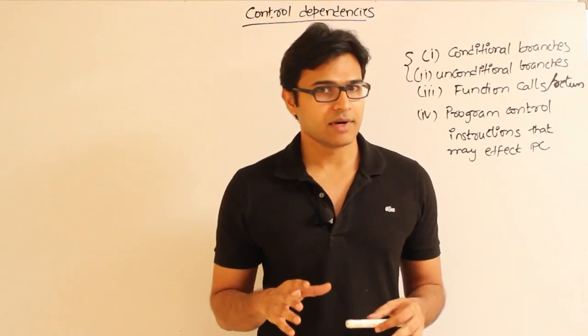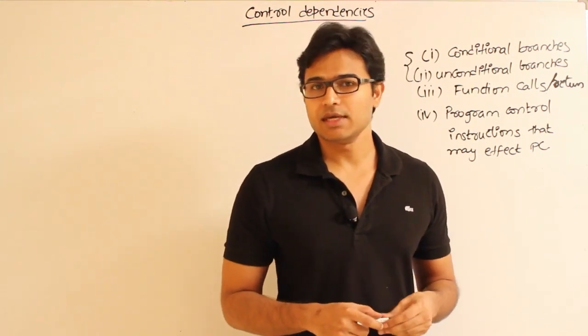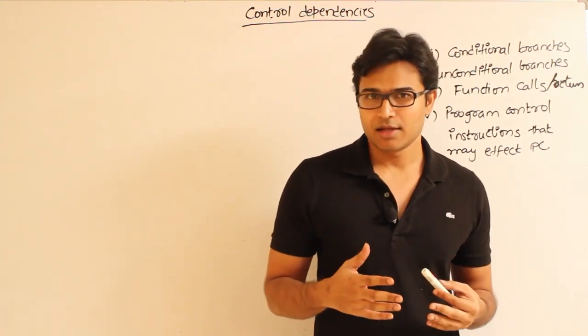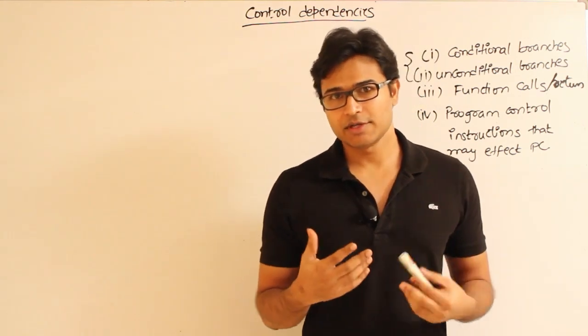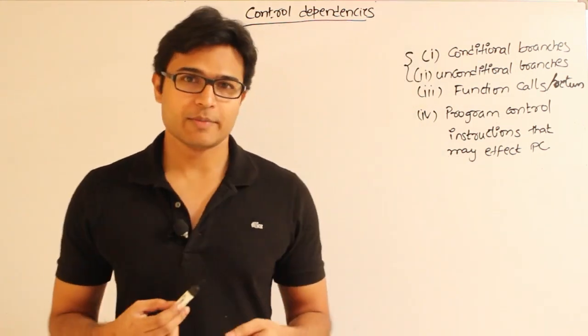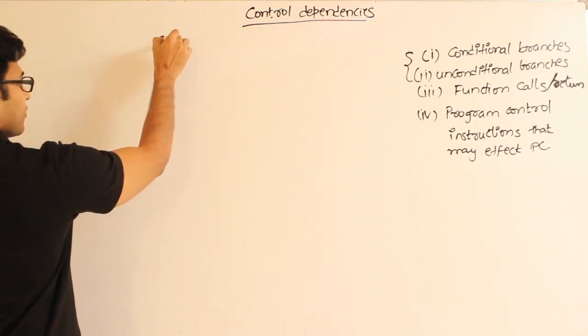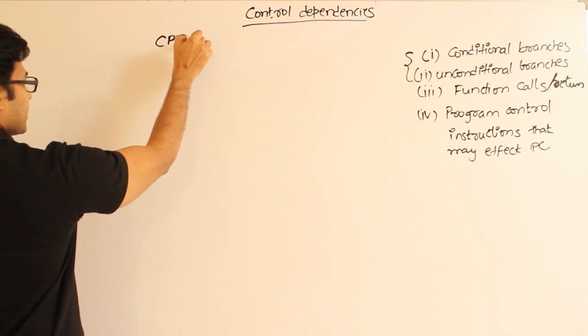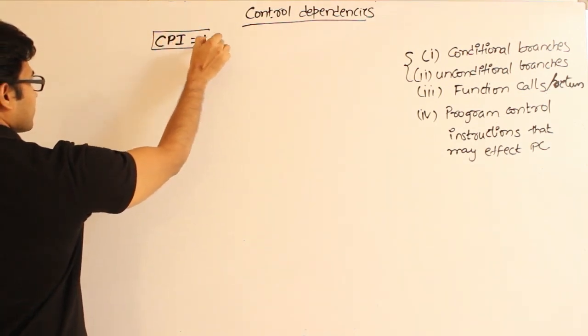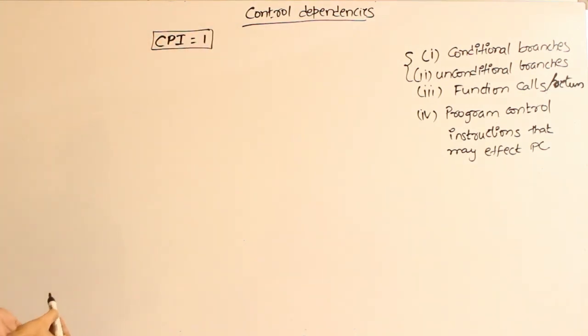Now because of such branch type instructions, we will not be able to achieve our main aim. You know the main aim of pipelining is to have clocks per instruction as 1, CPI as 1, right? See, there are various ways they can ask you questions.